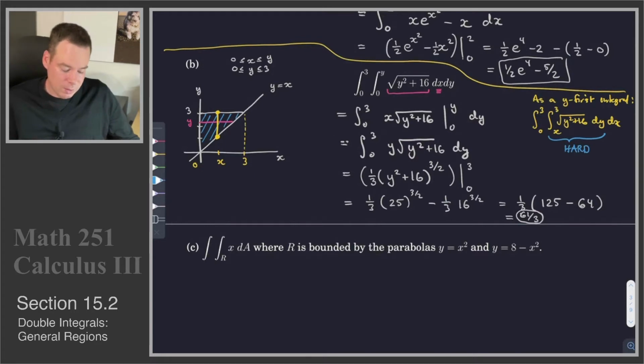Whereas if we did the opposite order of integration, our very first integral was a very straightforward integral to do. It was integrating a constant. And then our subsequent integral, we ended up getting that y in front. And that made integrating the square root function much simpler because we could exploit the fact that there was a y out front and use a substitution to do that integral. Whereas when I look at it as a y first integral, I'm just left with that raw square root of y squared plus 16, and that's a hard problem to do.